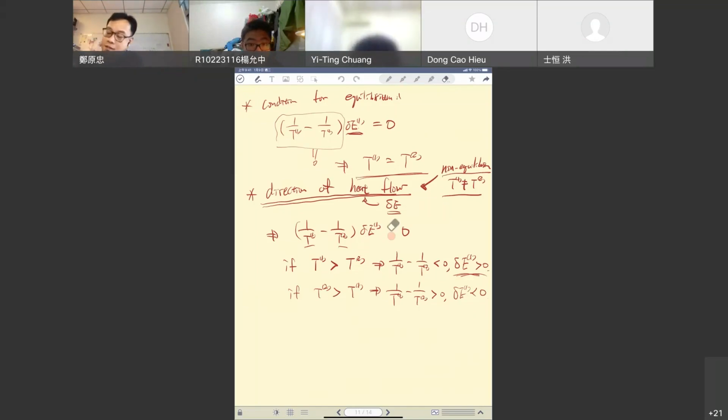Opposite direction. Now you are going from a non-equilibrium to an equilibrium state. So entropy must increase to reach a new equilibrium. So this is greater sign.